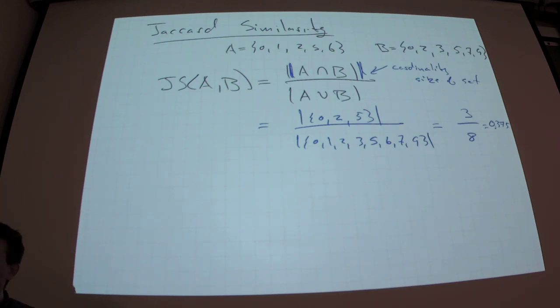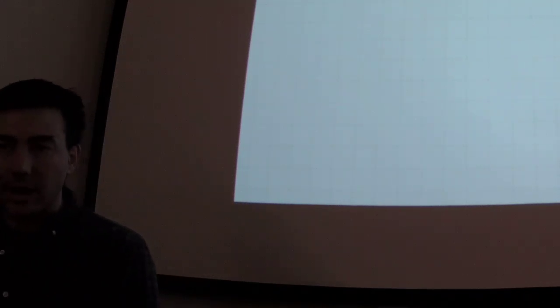So it's pretty simple to define. For any two sets, you can define this. In order to define it, I did not need to know all of the objects in the domain which the elements are drawn from. I only need to know the union and the intersection of them.